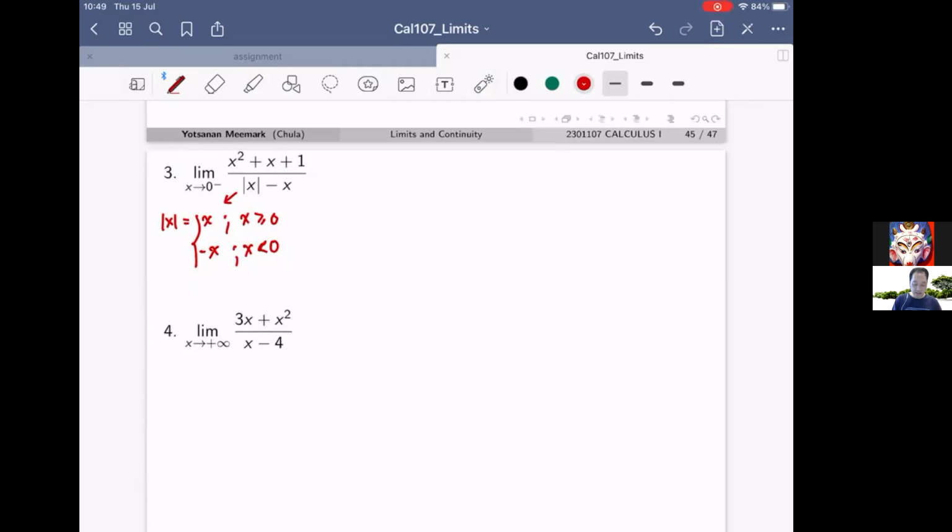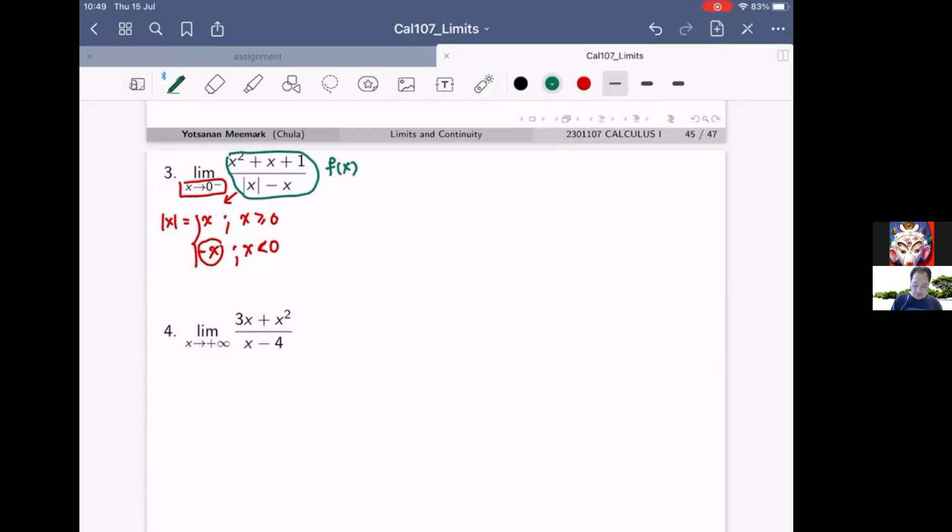And this one, your x goes to 0 on the left, so it means that you need to choose this function value. So here, let's say that this one is your f of x.